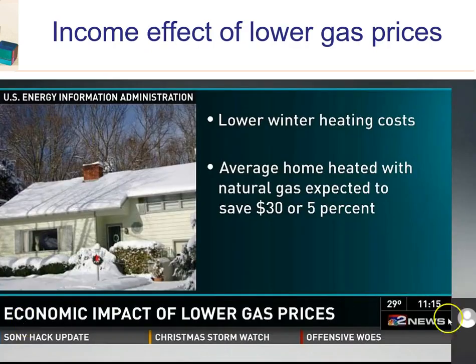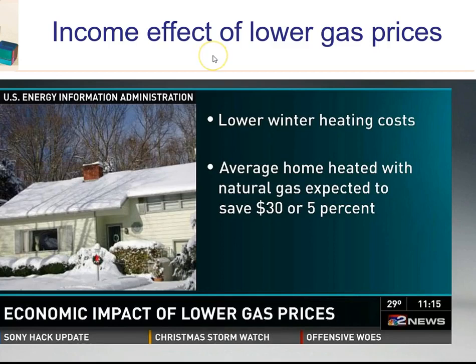The second part of a price change is called an income effect. With the income effect, if the price drops, it's as if your income has gone up, or if prices rise, it's as if your income has dropped.